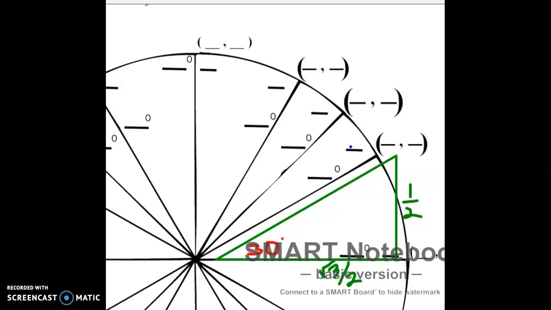Then we also have this triangle, and I'm going to look at it in the next quadrant over, because this works for this angle, and the corresponding ones in the negative part of the unit circle. So 45, 45, so this coordinate would be the square root of 2 over 2, but we're going in the negative direction, so it's negative. We're still going up, so it is the square root of 2 over 2.